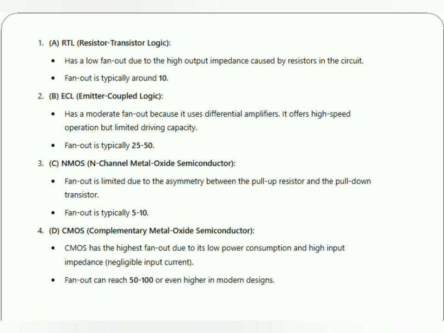So these are the properties of the given logic gates. Here CMOS has the maximum fan out, and the minimum fan out is for NMOS. So they may ask questions like this also: which logic gate has the minimum fan out? And based on the properties also they will ask some questions.